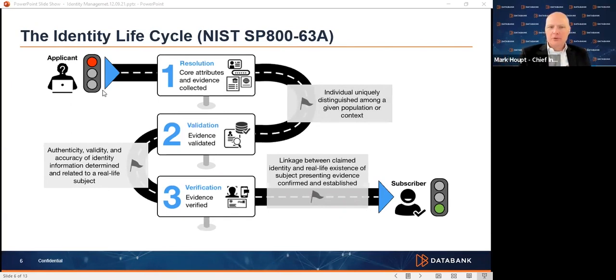And if we can't prove who that applicant is or who the individual is that we're giving the credentials to, then we're going to have a significant problem with the later results of the hacking or the data breaches that occur.